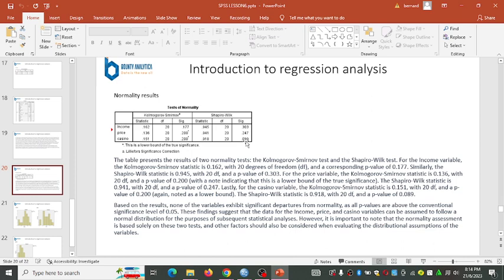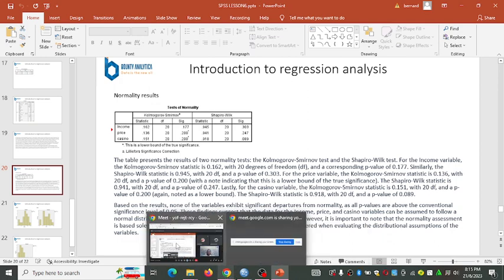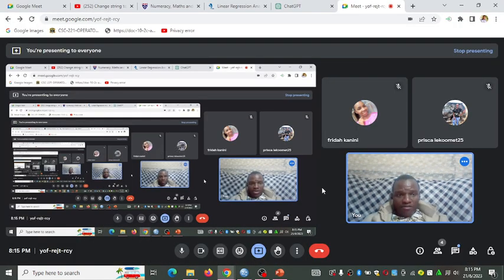Now, if you are doing research or a project and you notice that your data is not normally distributed, what will happen if you run regression analysis? I want to hear from you. Nataka kusikia kutoka kwenu. Frinda and Priska, what will happen? What will happen?